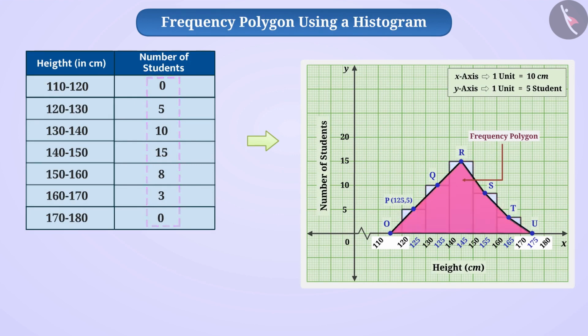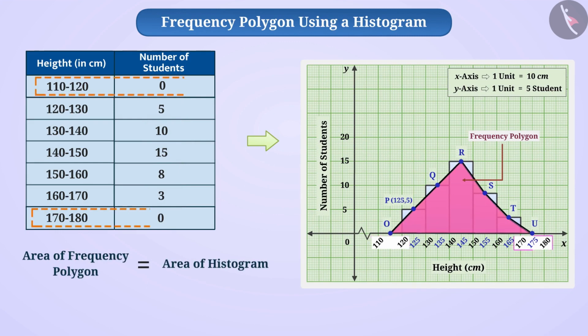This shows that the area of the frequency polygon is equal to the area of the histogram. In this way, the class interval of 0 frequency helps us to make the area of the frequency polygon equal to the area of the histogram.